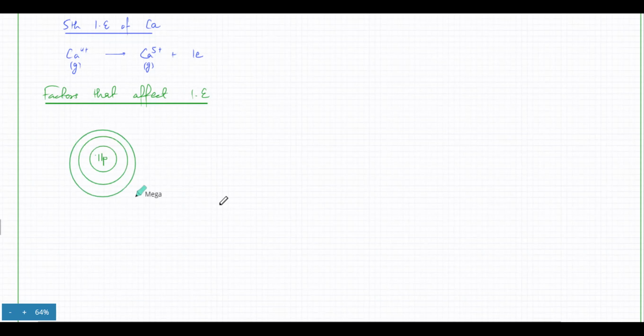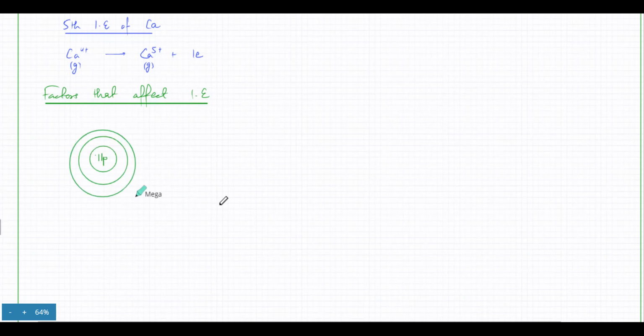It has 3 shells and a total of 11 electrons: 2 in the first shell, which means low energy, close to the nucleus, 8 in the second shell, and 1 in the last shell. That is what sodium is.